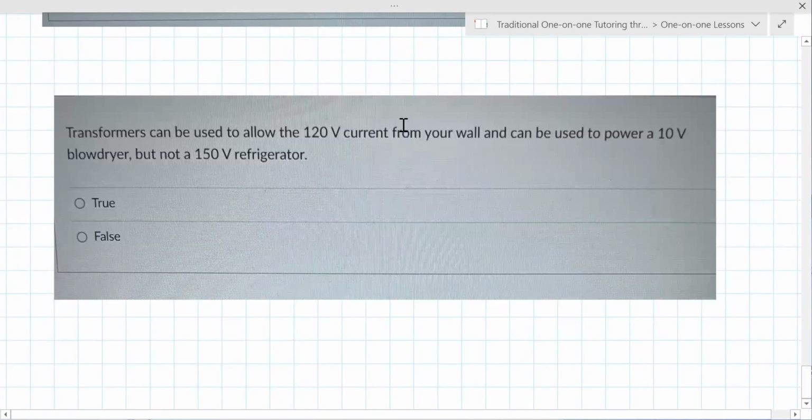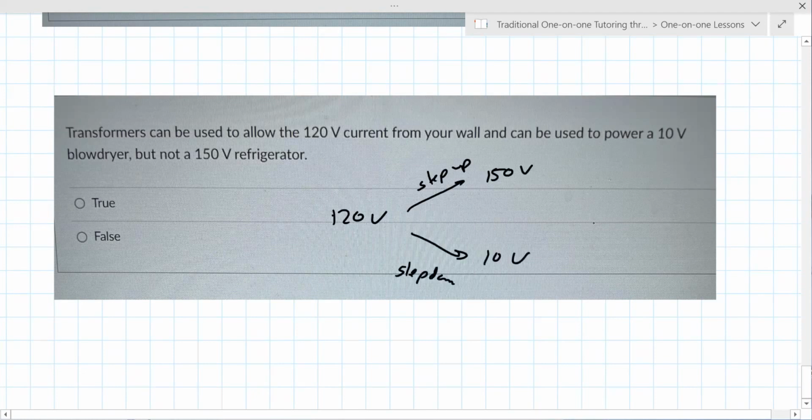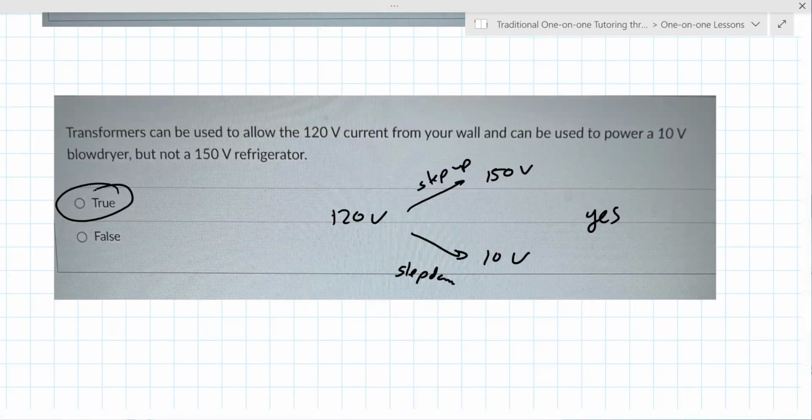Okay, so the question is, can you both step up to 150 volts, and can you step down to 10 volts? I've kind of already answered this, and the answer is yes. So yes, you can step up or step down to do this.